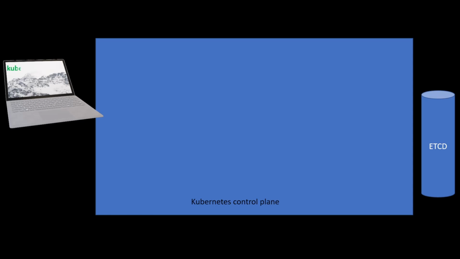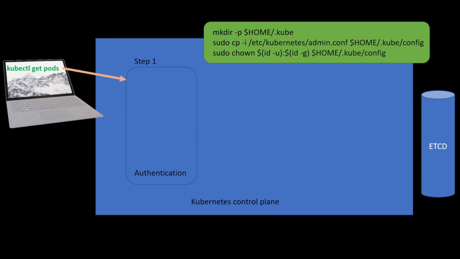This is our Kubernetes control plane. When a user executes commands such as kubectl get pod, this request is first authenticated with the user account. Remember, when we created the Kubernetes cluster, we executed this command.